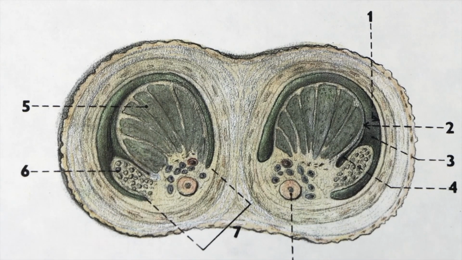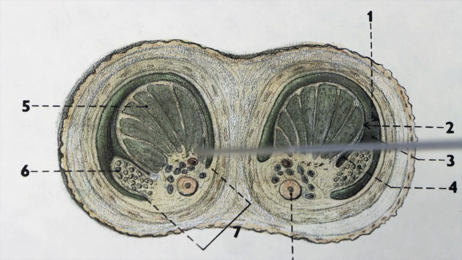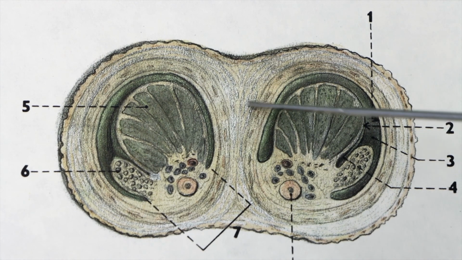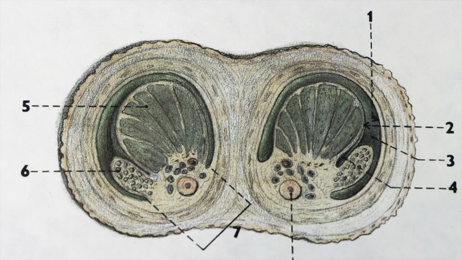testis. Here in this picture you can see the transverse section through the scrotum, where the testes, the right side and the left side, are located inside the scrotum, and this is the view from above. Between these testes there is the septum, which is separating the left and right testis.